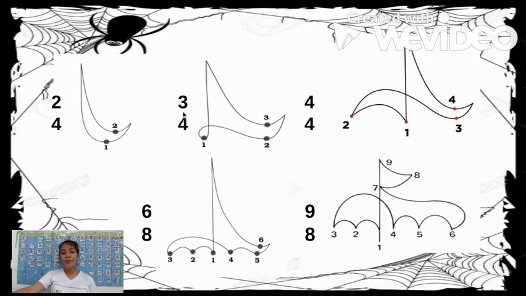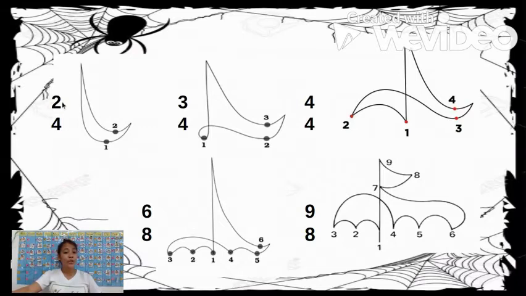Next, for 3/4. Okay? You need to go down, right, up, down, right, up, down, right, up. Okay, that one. So let's perform. 1, 2, 3. 1, 2, 3. 1, 2, 3. Got it? Okay, if you want to use your two hands, you can do like that one. 1, 2, 3. 1, 2, 3. 1, 2, 3.